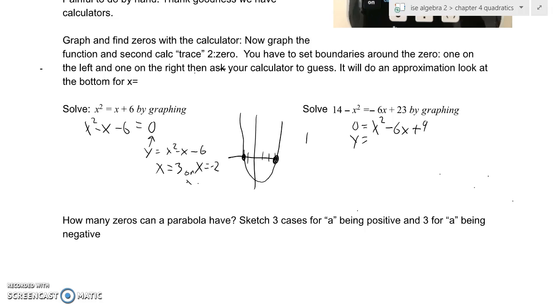Second, calculate, find the 0. We have to do a left bound and a right bound. And then we ask it to guess, and it says 2.9999995. We have to know that it really means 3. And we're drawing a sketch of that graph as our work.